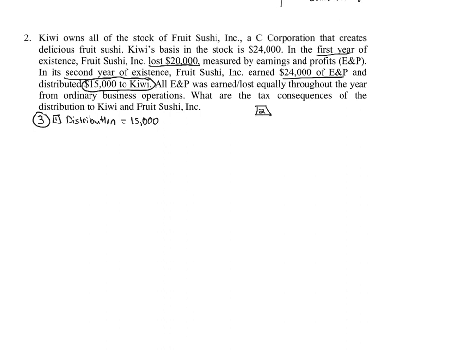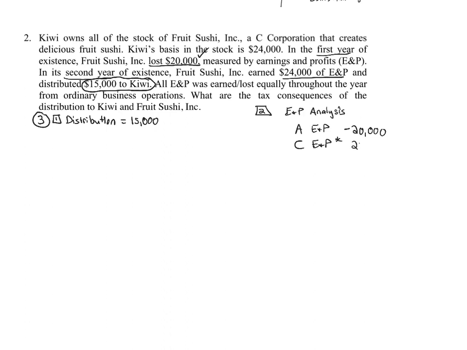Part 2, E&P analysis. We do accumulated E&P on top, chronologically, current E&P. Now remember, this current E&P is adjusted after step 2, but we have yet to adjust because we've been dealing with cash distributions. So the accumulated E&P is what's given to us. It's negative $20,000, right here, year 1, rolls over next year.